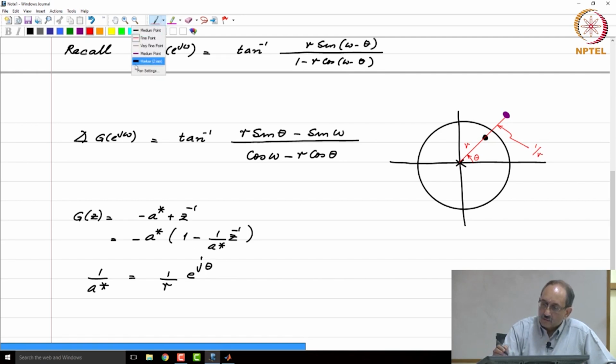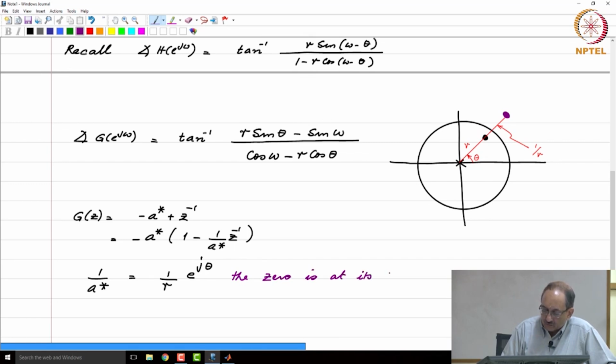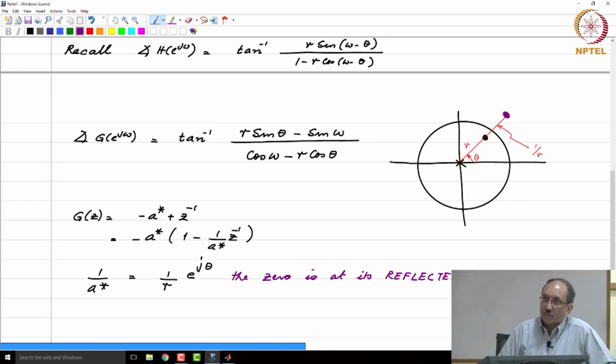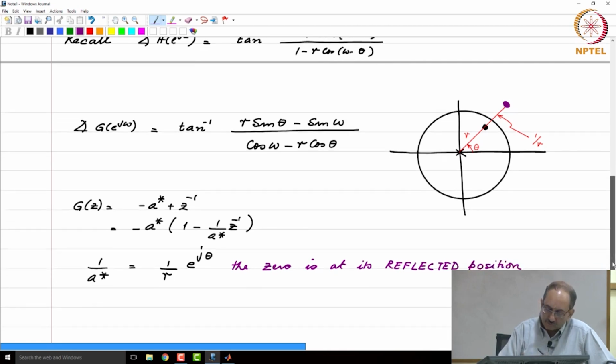And what we have done here is the 0 is at its reflected position, where the reflection happens about the unit circle. We are reflecting things with the unit circle as the reference, and hence if we had r e to the j theta, reflecting around the unit circle will give you 1 over r e to the j theta. So, this is what is happening here.